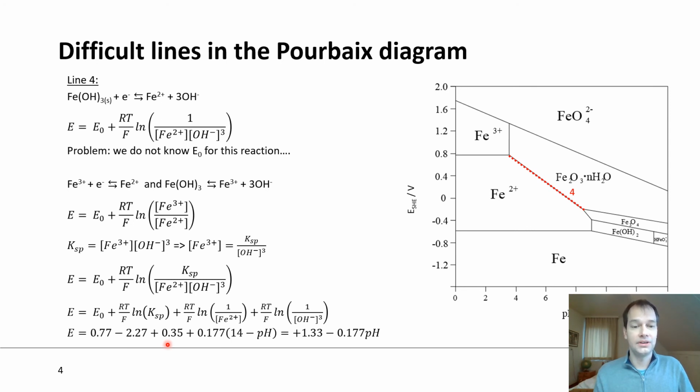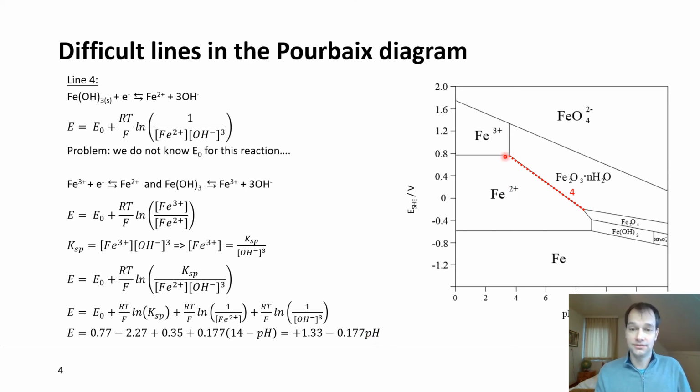Then we can fill in the concentration of the iron 2, again 10 to the minus 6, leading to 0.35. Then we can replace the OH minus concentration by the pH, and get 0.177 multiplied by 14 minus the pH. If you do this together, and I really recommend you make this calculation yourself, you get as a result plus 1.33 minus 0.177 multiplied by the pH for the electrode potential.